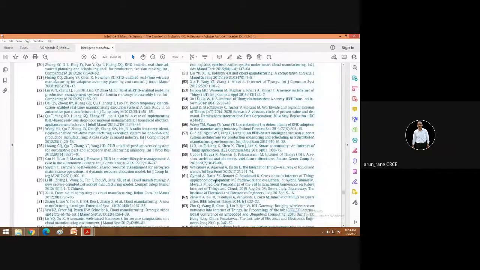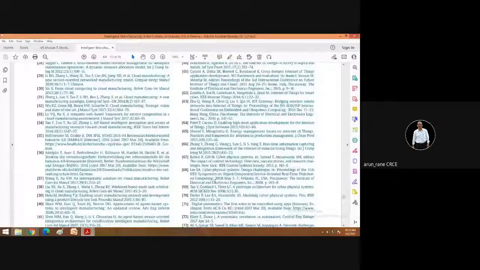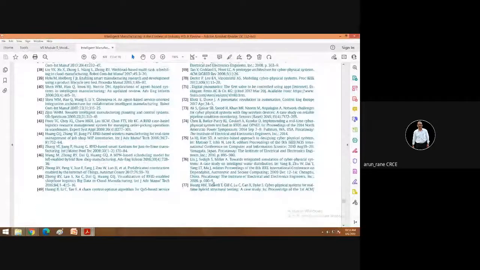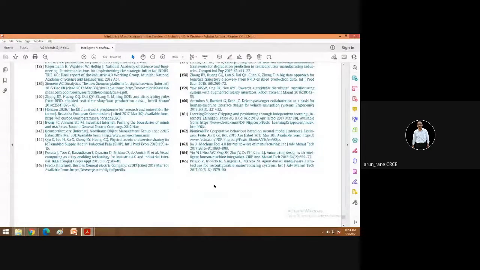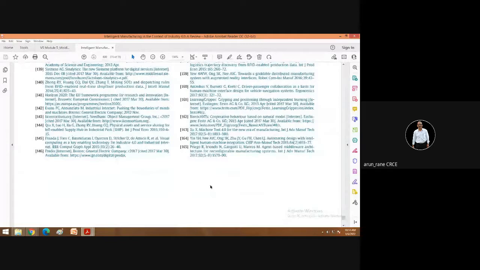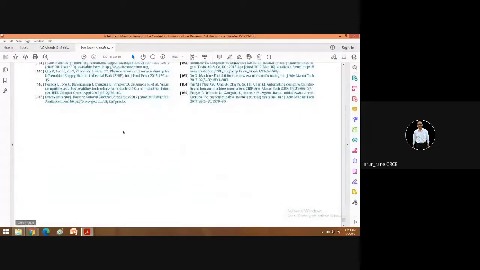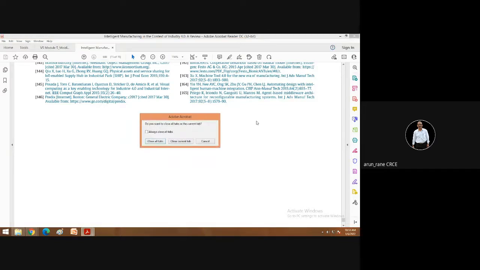See, these authors have referred so many papers. So many papers, my God. 165 papers he has gone through. That is a great work. Referring to these 165 papers itself will take one year to go through.